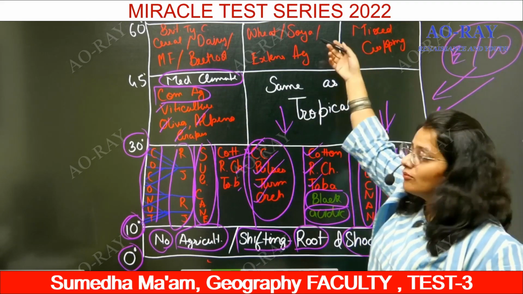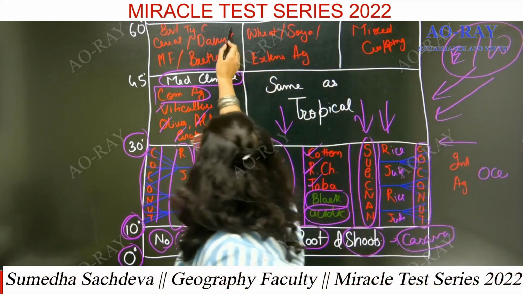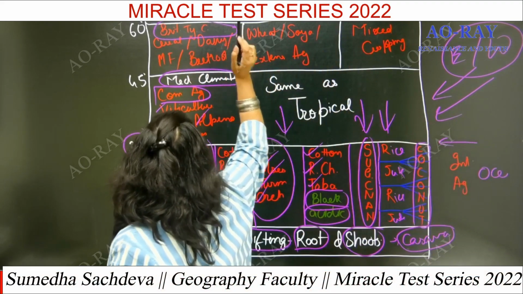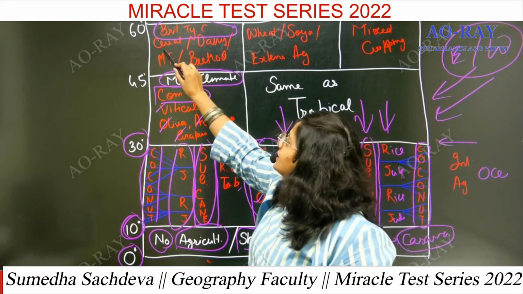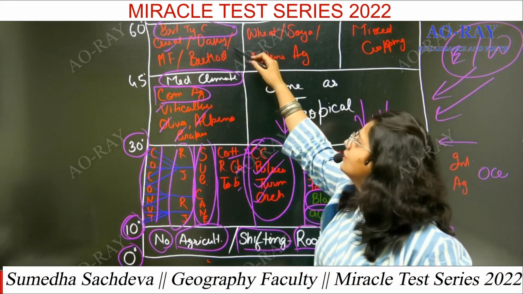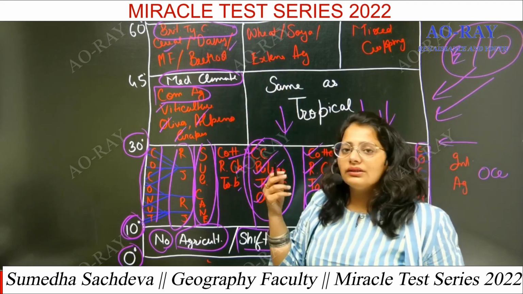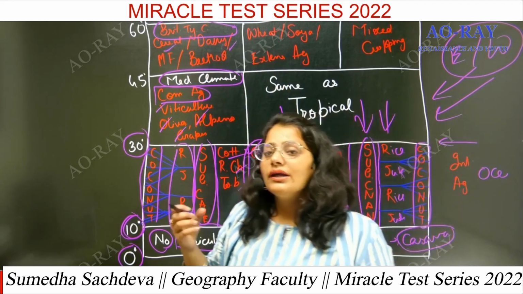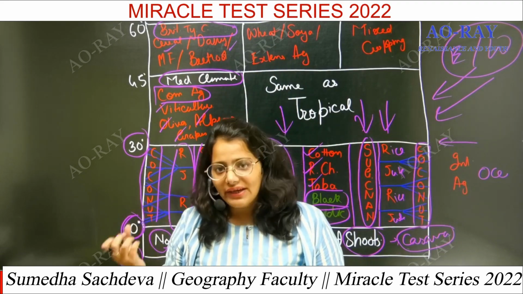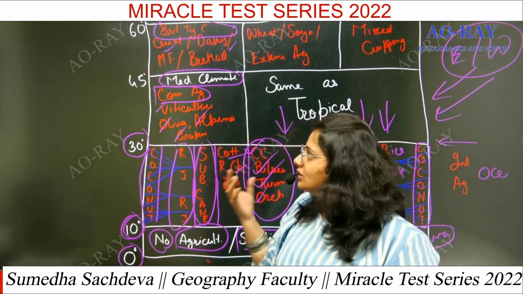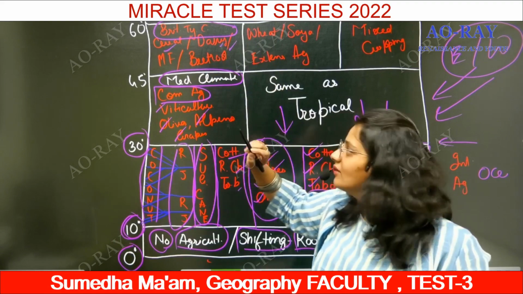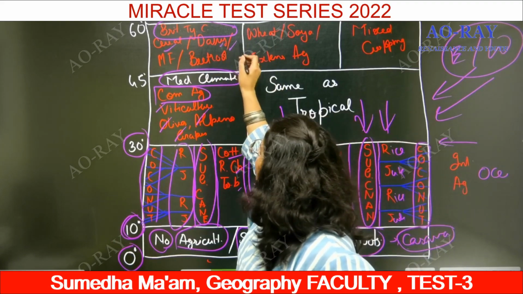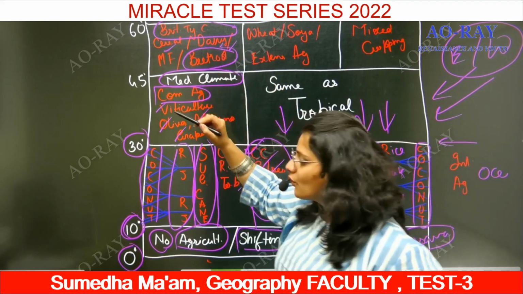Moving further into the temperate zones, this area has a Britain type or Columbian type of climate. Cereals can be grown here. Dairy farming, because as I said earlier also, the grasses are very, very rich and very nutritious. Farming and dairy farming are very prominent in these areas. Beetroot is grown.